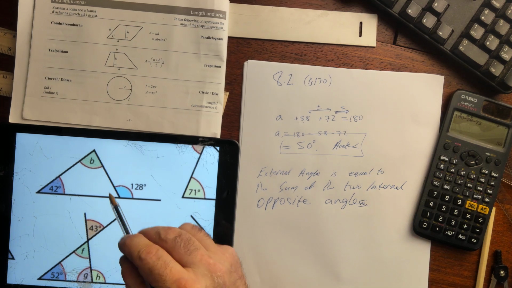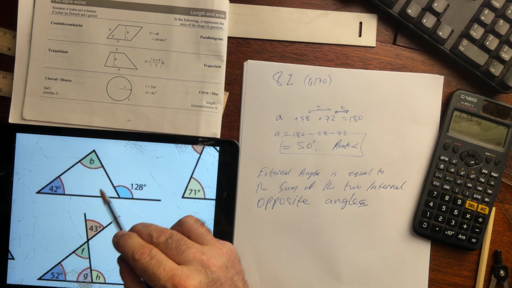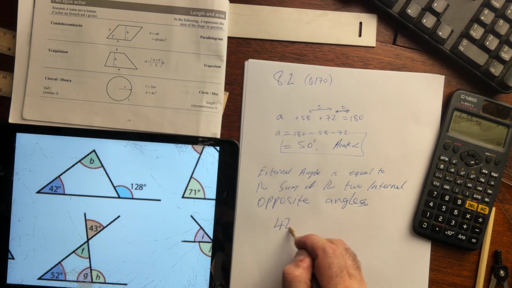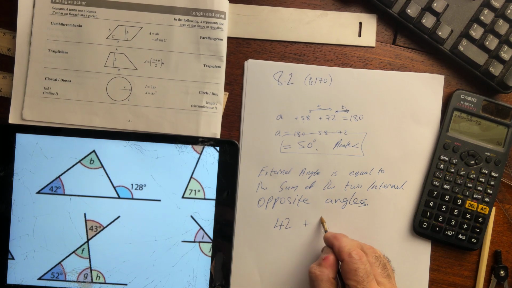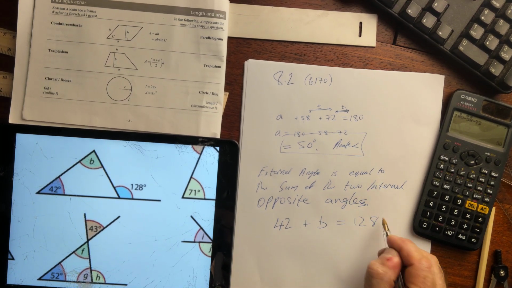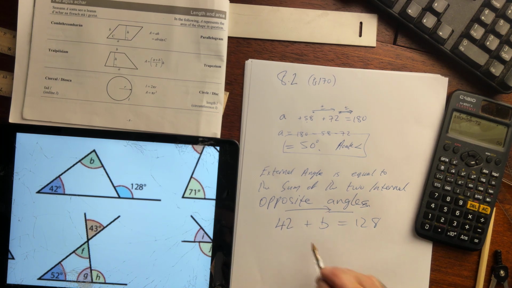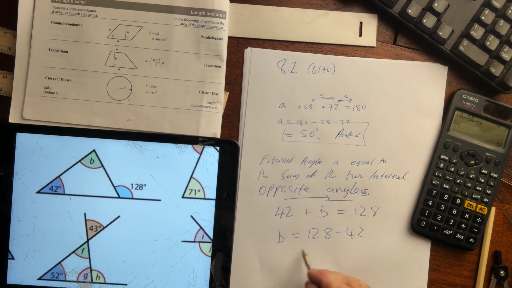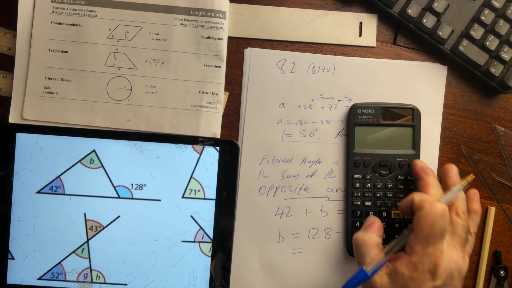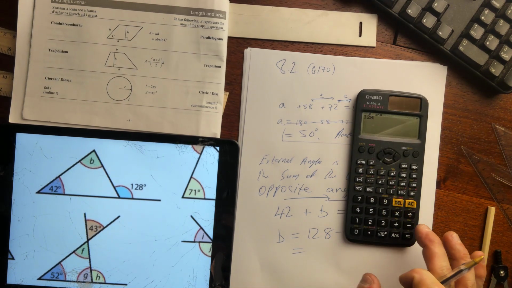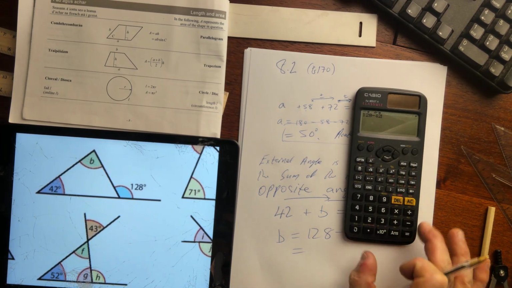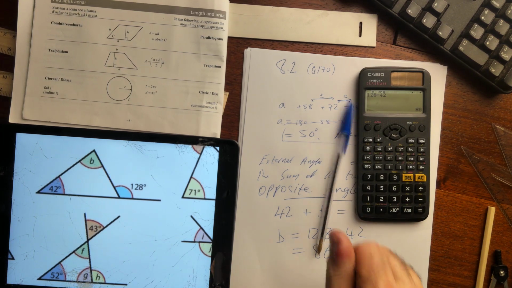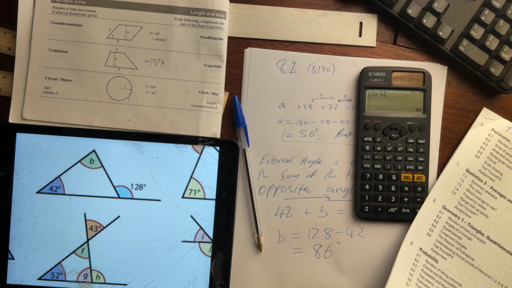So we don't include this angle here. We used it to prove this. So now we're going to write down what we're using. The big idea is 42 plus b equals 128. We'll transpose the 42. b equals 128 minus 42 equals 86 degrees.